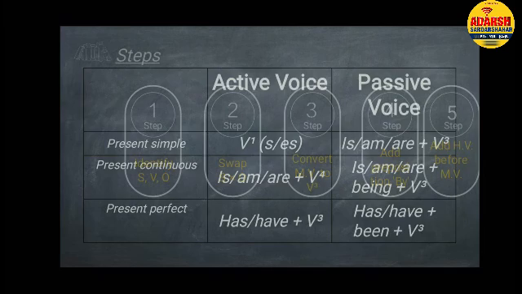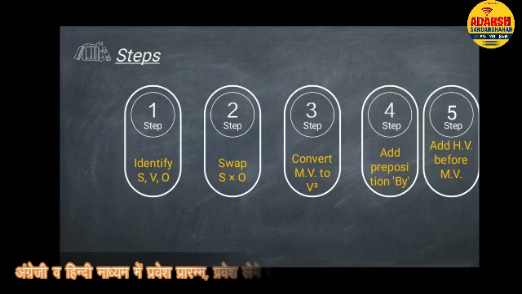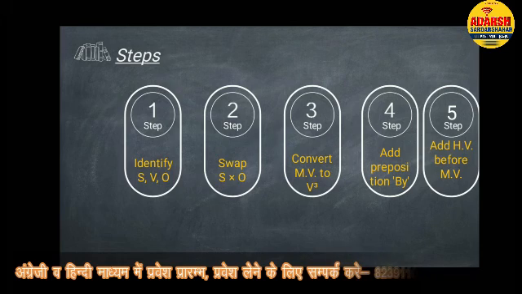So let's start by reading the steps first. The first step in changing active to passive is to identify subject, verb and object. How to identify them I have covered in a previous video, so please check it.